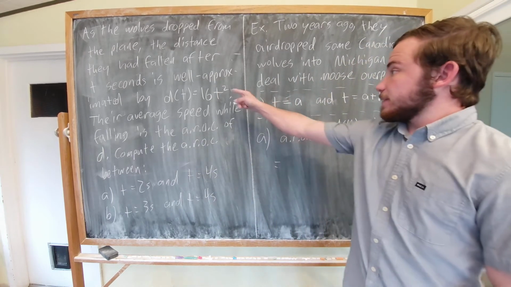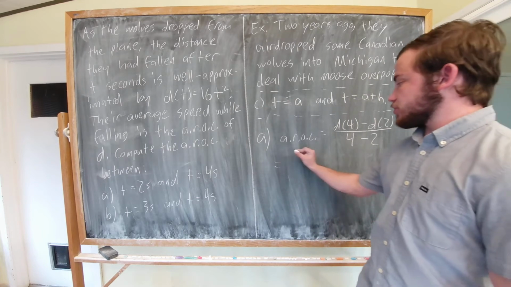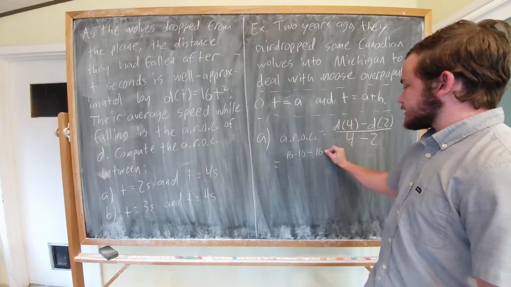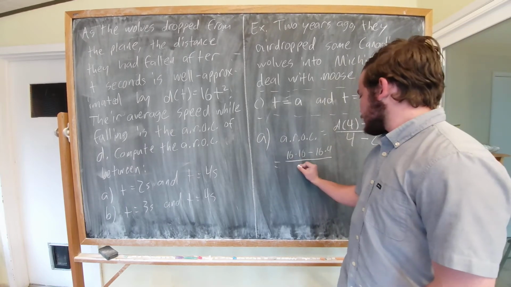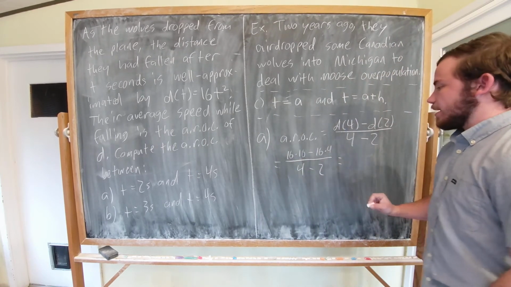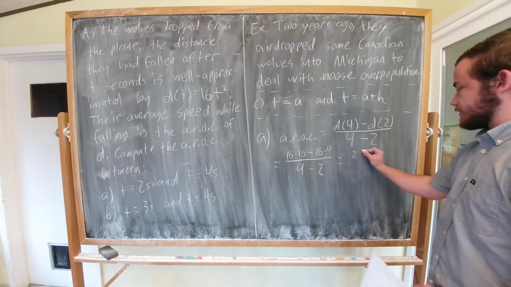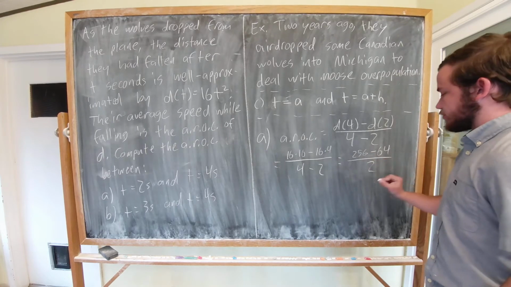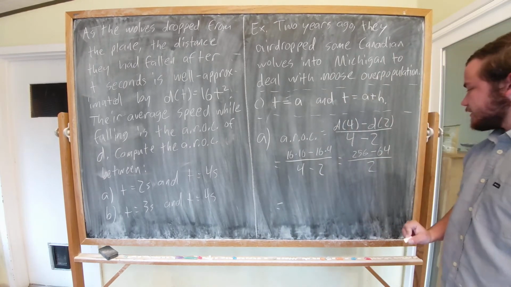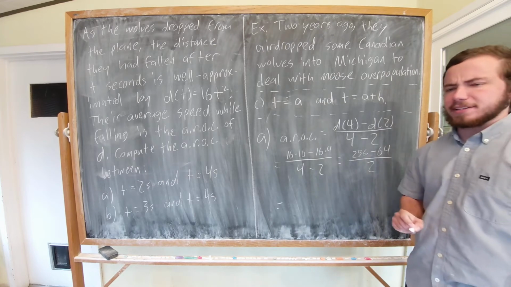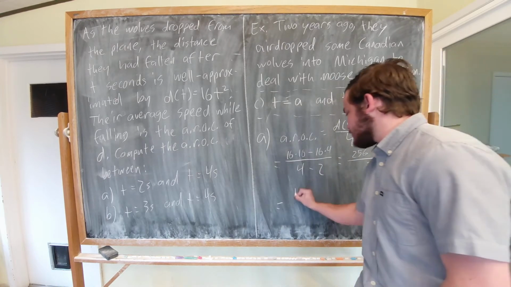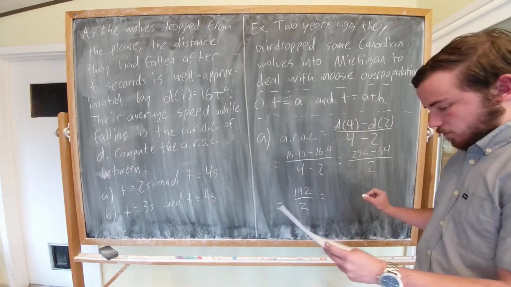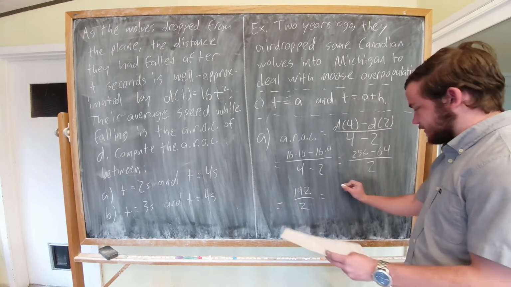Start computing. Plugging in 4 to that function gives you 16 times 16 minus 16 times 4 over 4 minus 2, aka 256 minus 64 over 2, which is 192 over 2, which is 96.